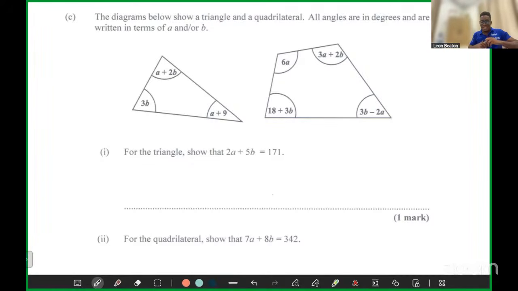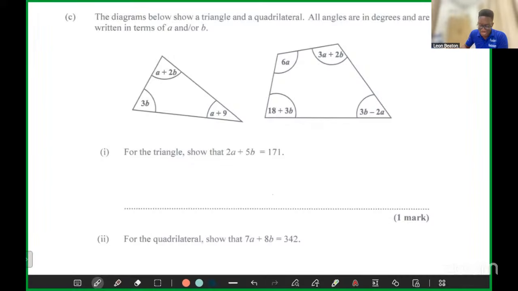This one says the diagram below shows a triangle and a quadrilateral. All the angles, in degrees, are written in terms of A and or B. For the triangle, show that 2A plus 5B is equal to 171. How do we show that?